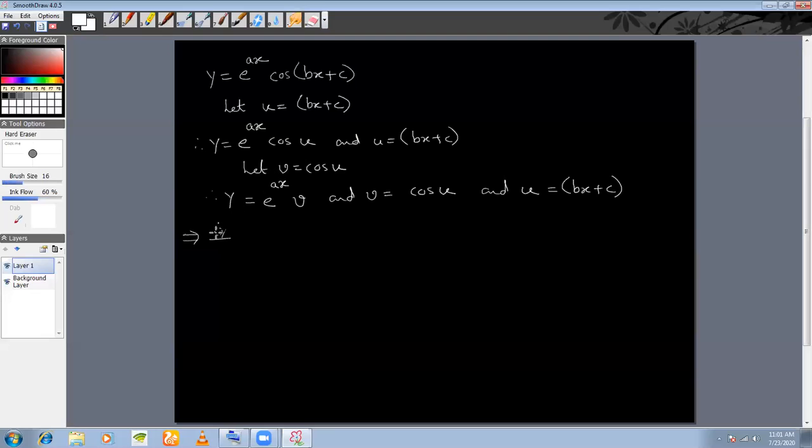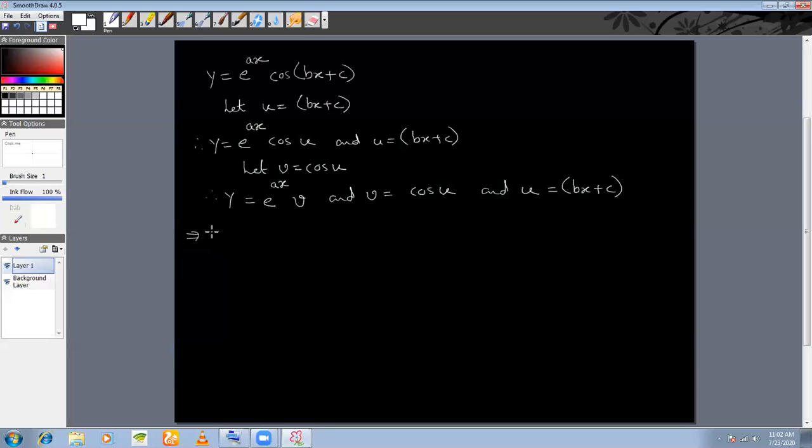Still we can do it, but the point is how to make you understand. y is e to the power of ax cos u, u is equal to bx plus c, v is equal to cos u. Let's differentiate this. Let's see.